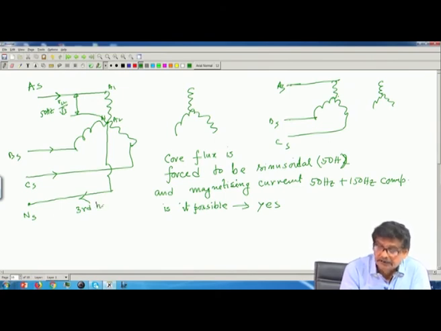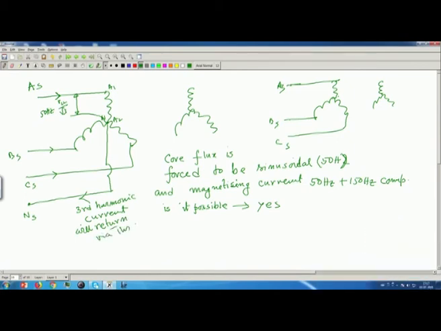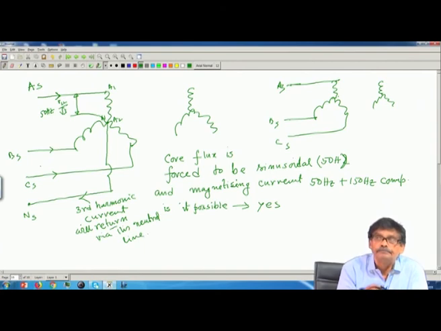Third harmonic current will return via this path, the neutral line. Got the point?